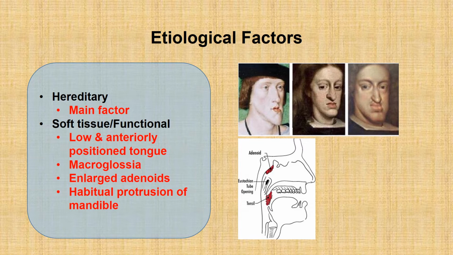The next etiological factor is the soft tissue or functional factor. The tongue may be positioned low and in a more anterior position, or it may be enlarged, as in macroglossia. Enlarged adenoids are also a factor, as well as habitual protrusion of the mandible.